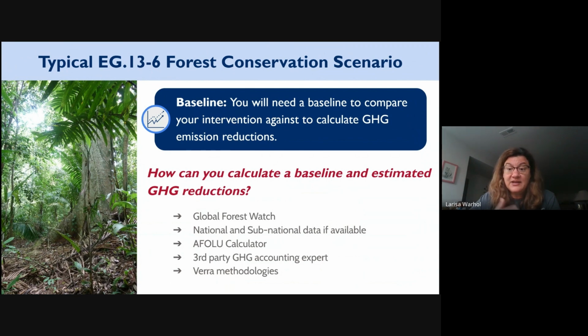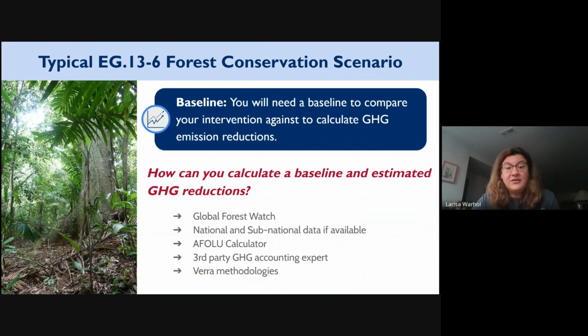That means, if you're working in a specific protected area, maybe the deforestation rate was 7% before your intervention started, and then as your intervention progresses, the deforestation rate goes down to 4%. And so what you're basically reporting on is the greenhouse gas emission reduction that's occurring from that 3% decrease in the deforestation rate.